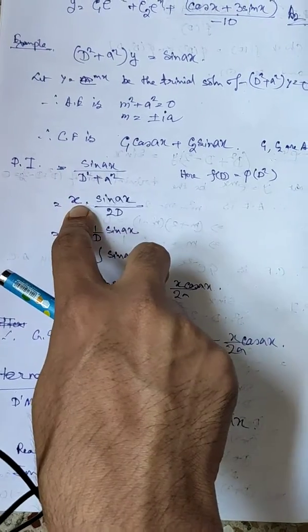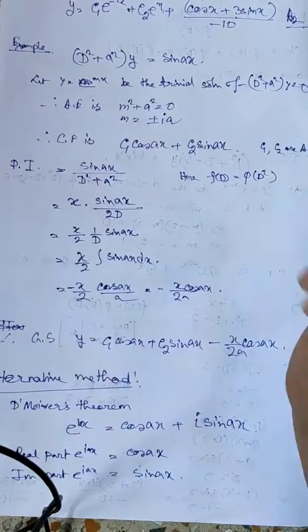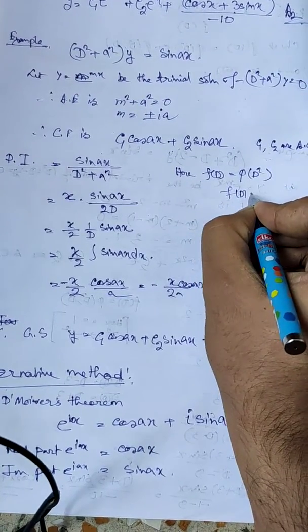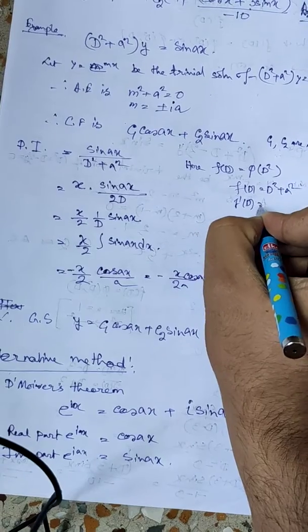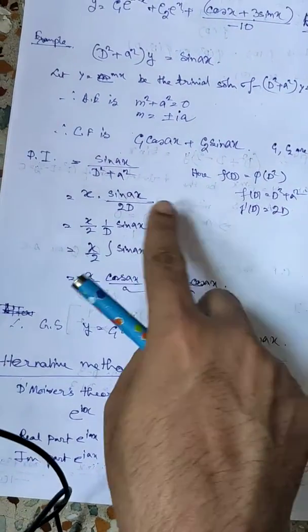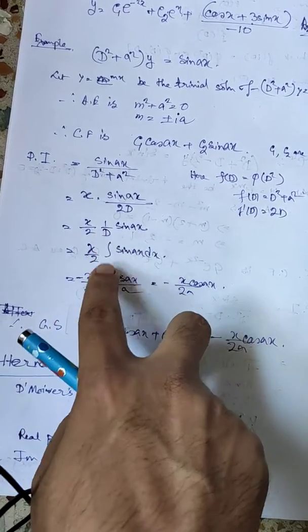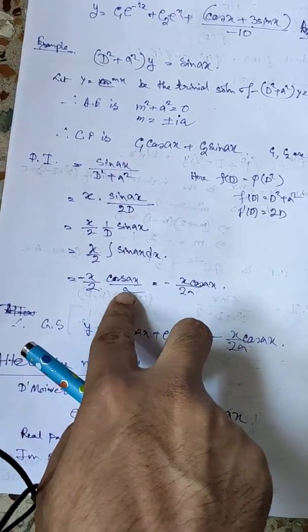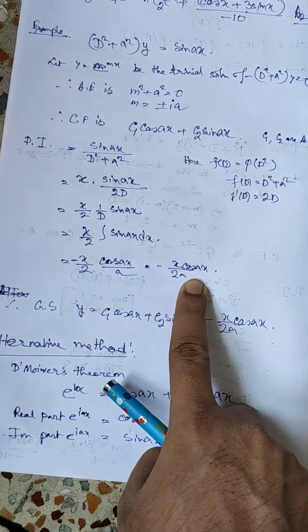I write x outside, sin ax by the derivative of this. So your f of D is D squared plus a squared, so f dash of D is 2D. So I write 2D, so again x by 2 comes out, 1 by D sin ax. You know this is integration. I will get minus x by 2a cos ax.